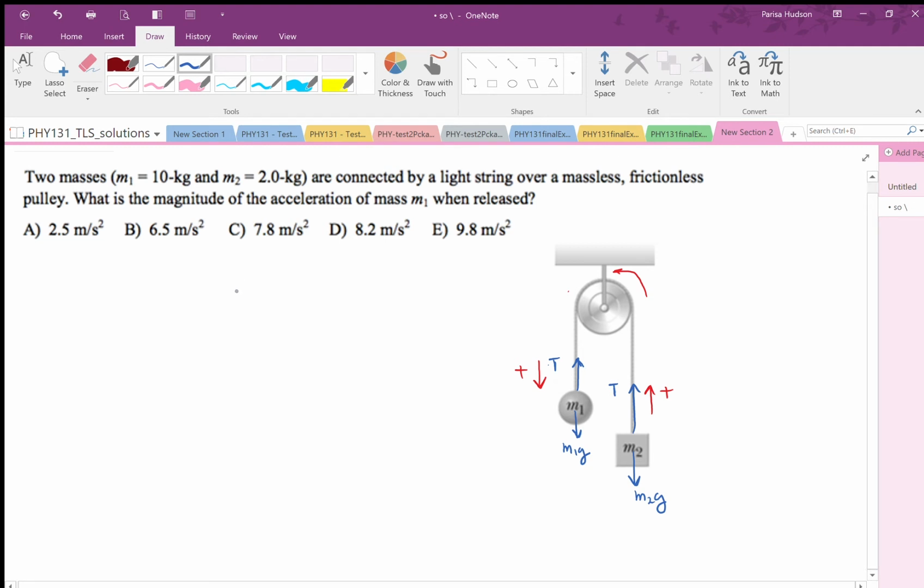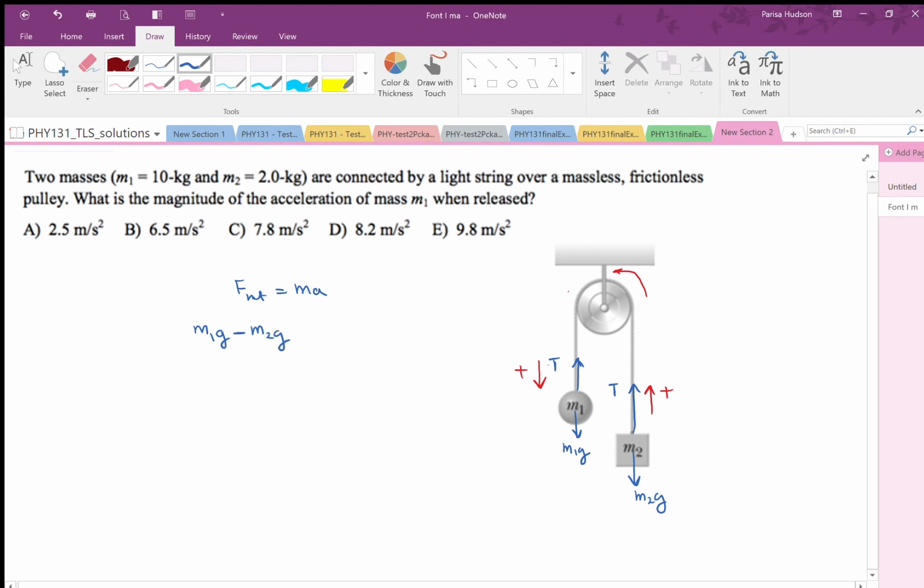So I can write F net equals m times a. The net force acting on the system is the sum of m1g and m2g. But m1g is a positive force because I took downward as positive for m1. So I can write m1g minus m2g. Why?